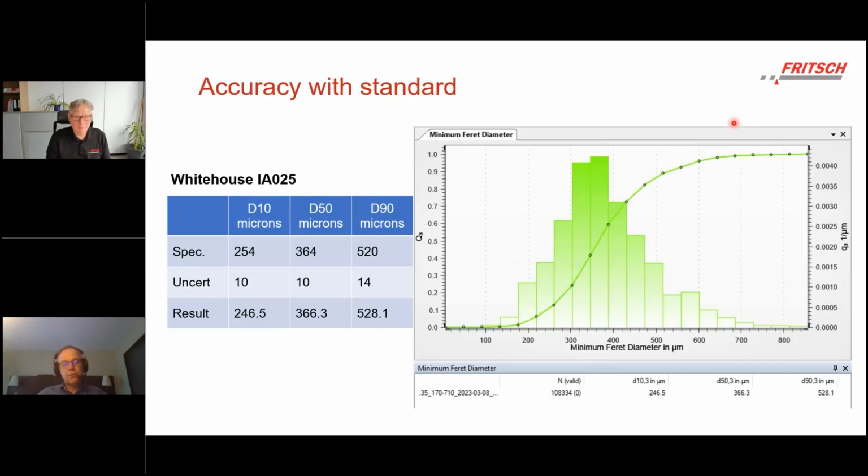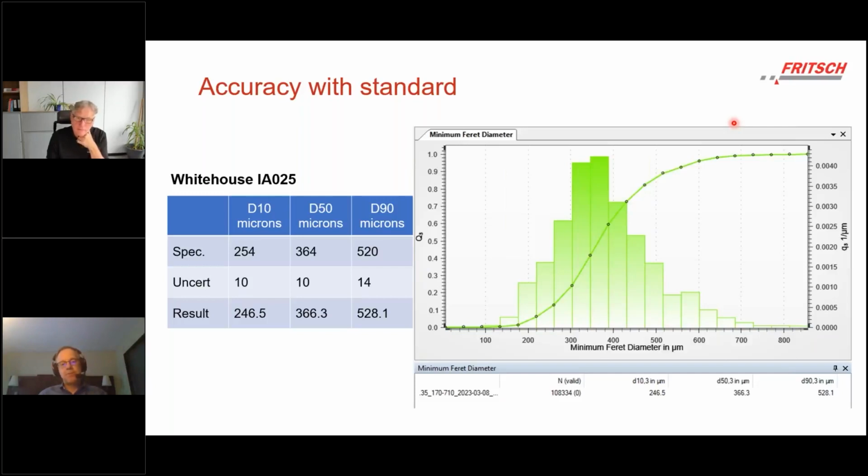We can do very well with something like that. All the particles are round, and it is well sampled. Whitehouse takes care of that, so we do quite well. The accuracy in the images is on the order of a handful of microns at worst. It's probably 1 micron. That might be a Günther question.